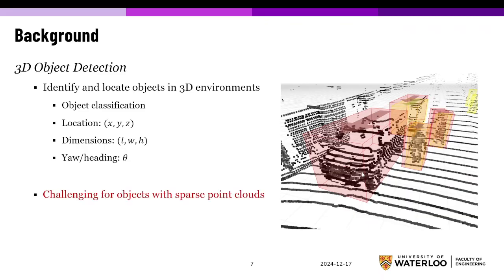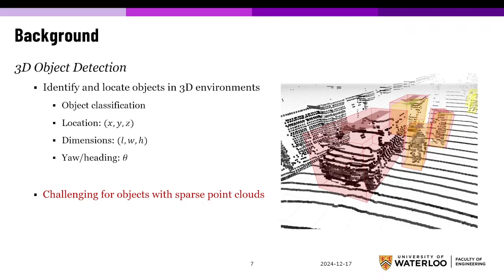Now, because of the problem that I mentioned earlier, the nature of the LiDAR sensors being very sparse vertically, and also the fact that the detection will get sparser and sparser the farther you go, 3D object detection directly from LiDAR data can be very challenging for those objects with sparse point clouds.